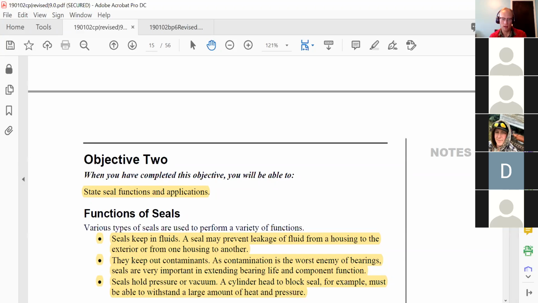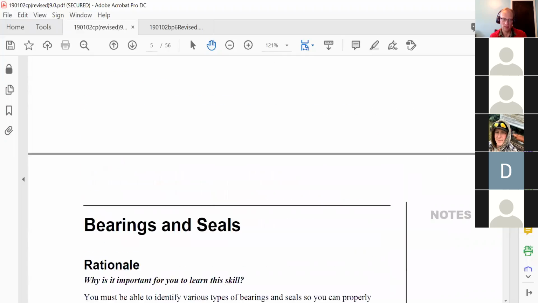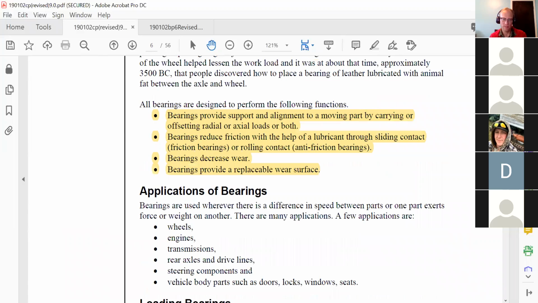Okay. The other things it will do, right at the beginning here: they support that load. So what did we already say? It decreases wear and reduces friction. So those two, that replaceable wear surface, and then supporting the load between the moving part and the non-moving part.